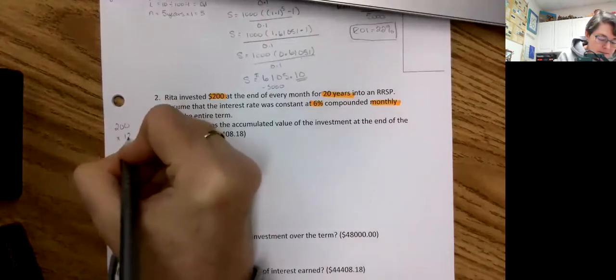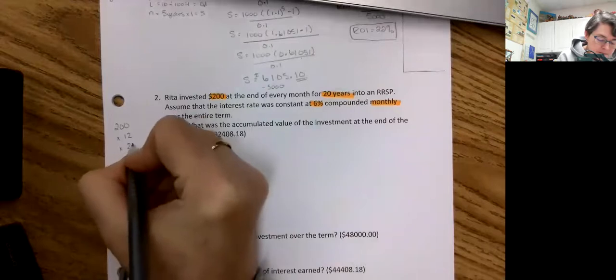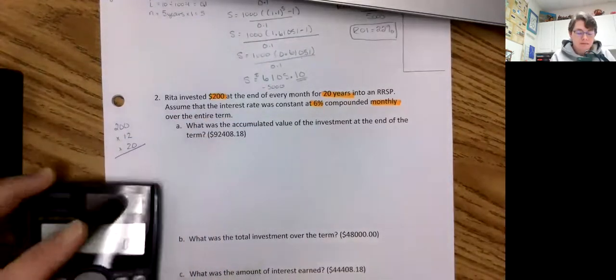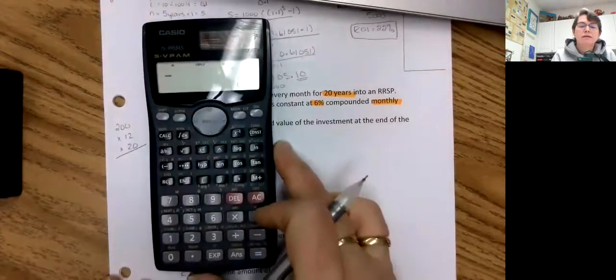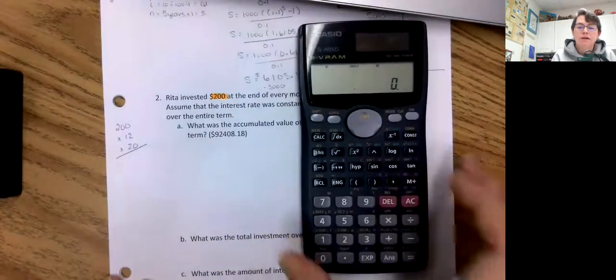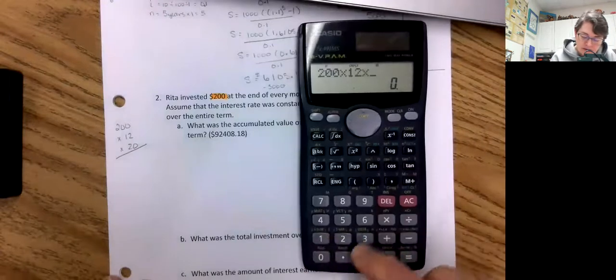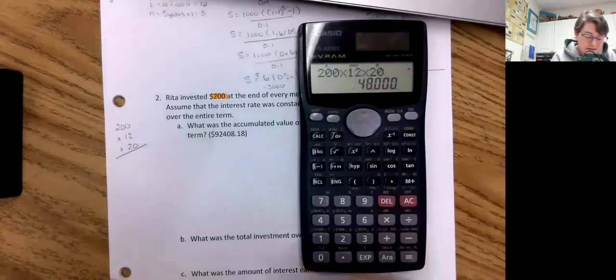200, 12 times a year, times 20. Let me move my calculator. 200 times 12 times 20 is 48,000.